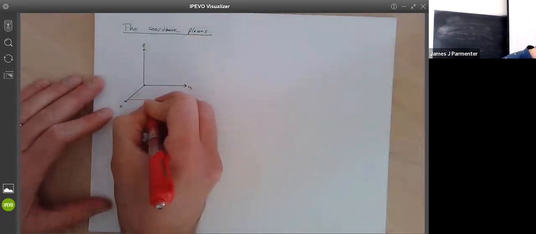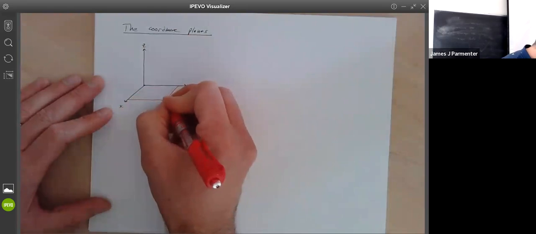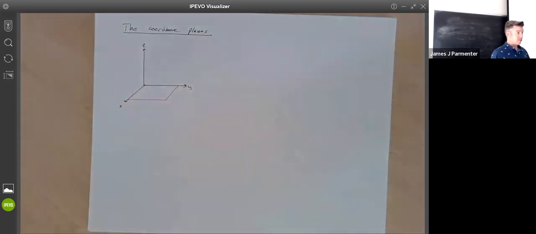When I'm thinking of the XYZ coordinate system, I find it convenient to think of a room. I'm thinking of that corner over there as my origin. Up that line is my z-axis, that line over there is my x-axis, and that line against the bottom there is my y-axis.